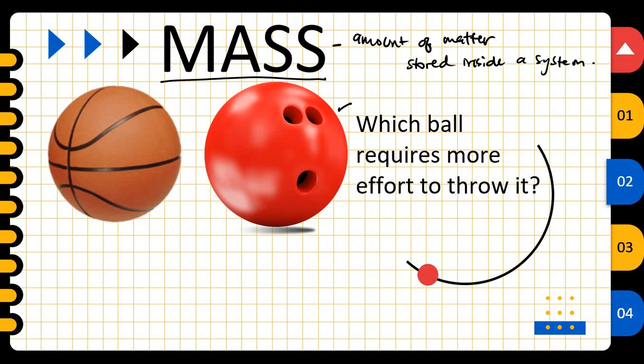What is the effect of mass on the motion of the object? Since the bowling ball definitely has more mass than the basketball, it would be hard for us to throw the bowling ball rather than the basketball.